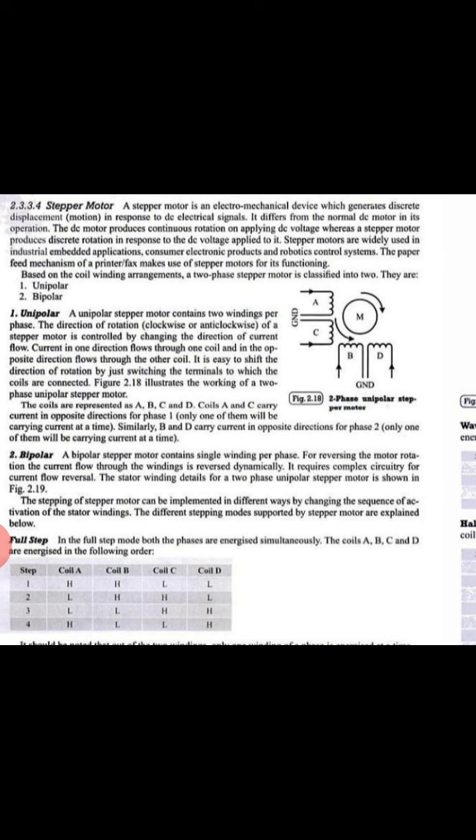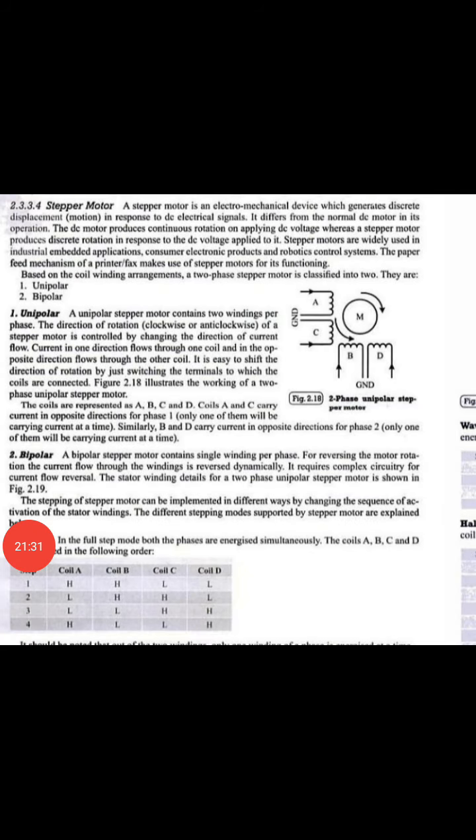Okay, these are the embedded system components, the stepper motor, unipolar and bipolar. In the next session we will discuss single pole, single throw, and the buzzer, push button switches and keyboards.